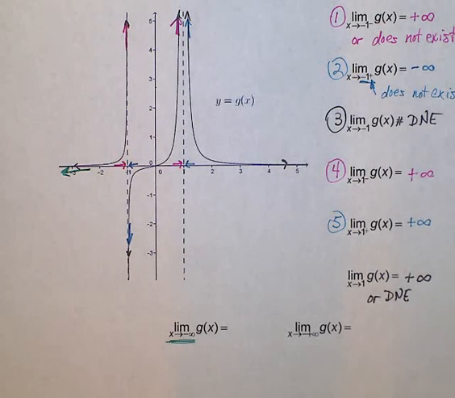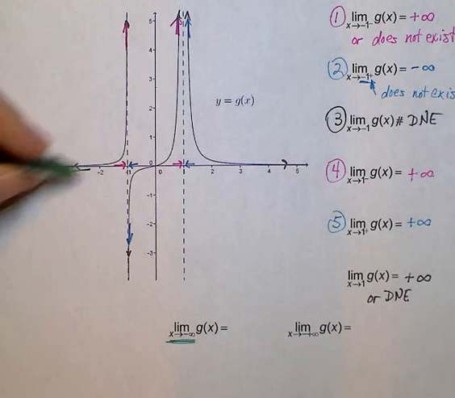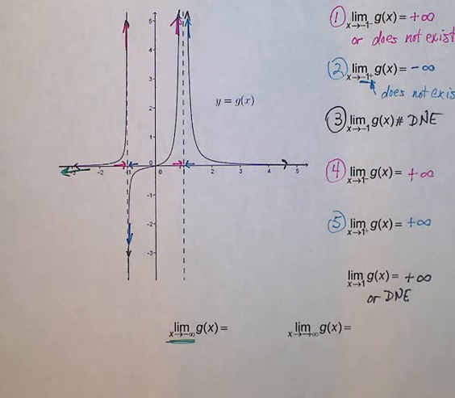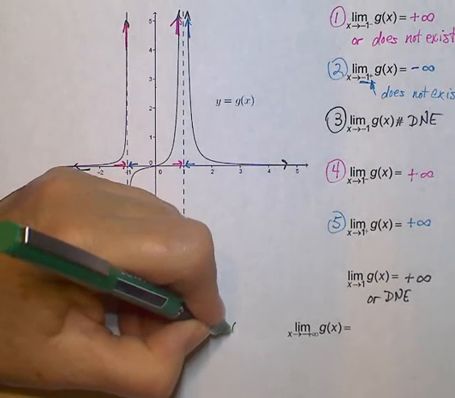And the question again is asking, what is happening to the y values? Well, if they are settling down towards some horizontal line, which is the case here, if we have a horizontal asymptote, then this limit is a finite number, and in this case, the answer is 0.